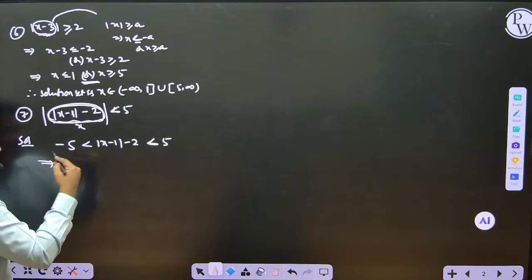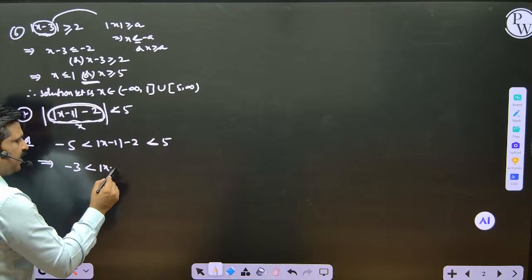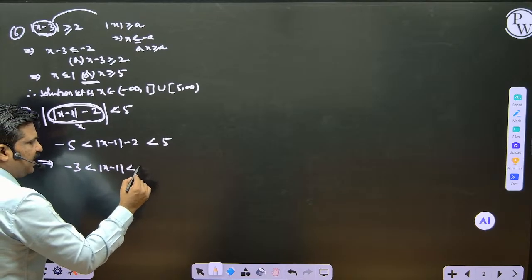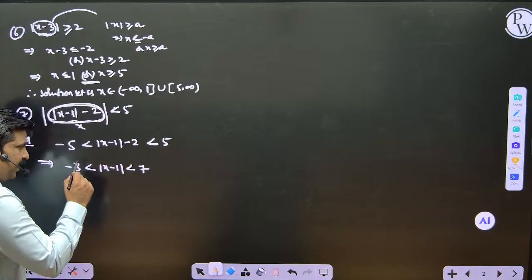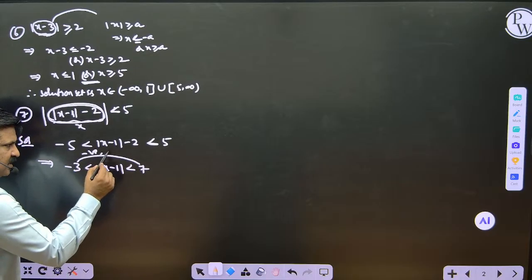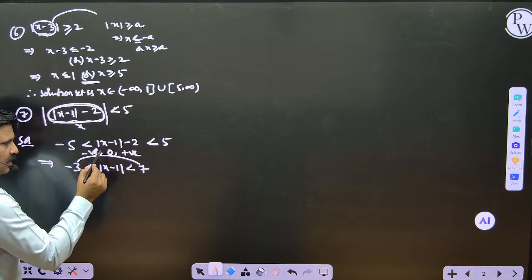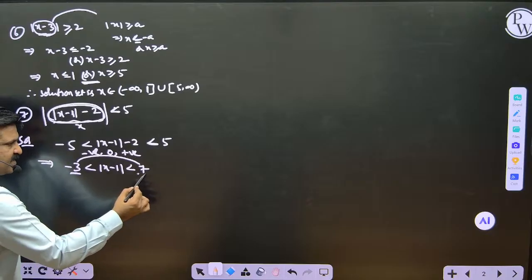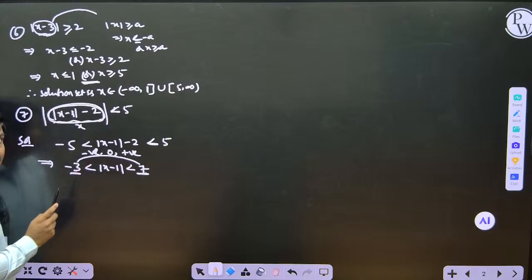It implies add 2: minus 3 less than modulus of x minus 1 less than 7. But between minus 3 and 7 we have negative values, 0 and positive values.